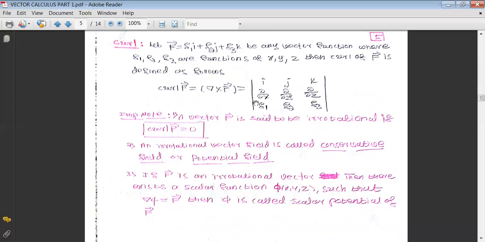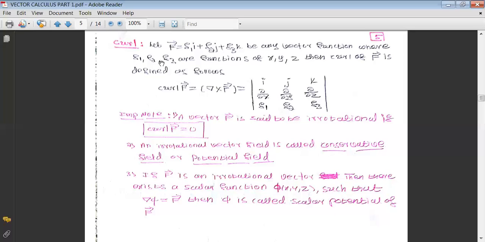It equals the determinant whose first row represents the unit vectors along the coordinate system, that is i, j, k, and the second row represents the components of the first vector, that is del. The components of del are dou by dou x, dou by dou y, dou by dou z, and the third row represents the components of the second vector.